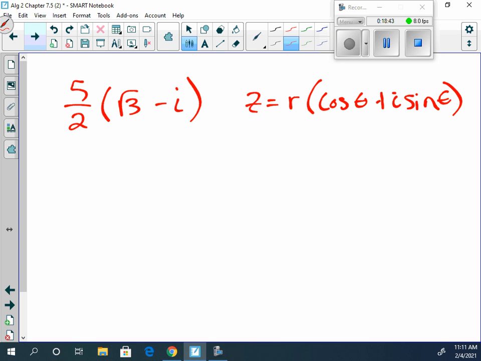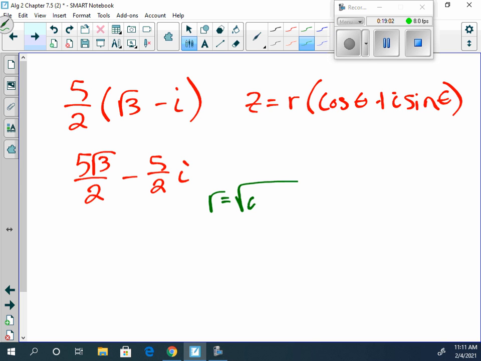So it might be helpful if we actually had this written out as 5 square root of 3 over 2 minus 5 halves i, because that gives us our real values of a and b. The reason I say real values of a and b is because r is equal to the square root of a squared plus b squared, and theta is equal to tangent inverse of b over a.